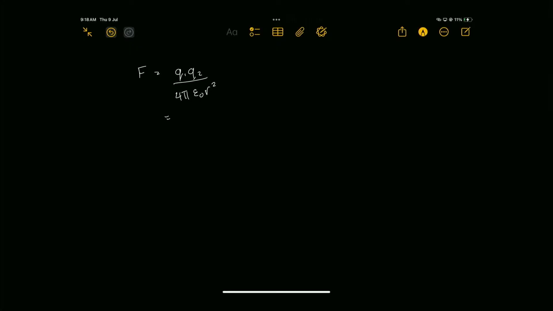Now we are asked to find the magnitude of the electric force acting on the electron, right? So Q1 we would use as the charge of the electron, 1.6 by 10 to the negative 19.